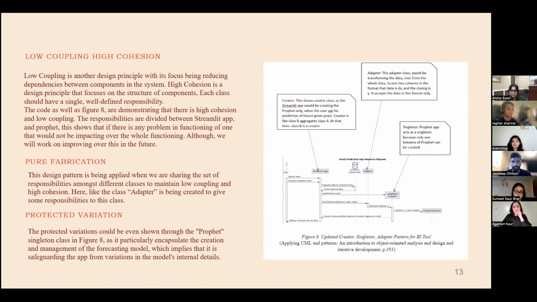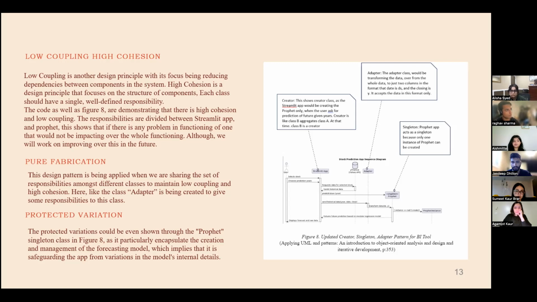Whereas high cohesion is a design principle that focuses on the structure of components, which means that each class should have a single well-defined responsibility. This ensures that there's no overlapping, and every module and class has a defined scope of the things that it wants to do.